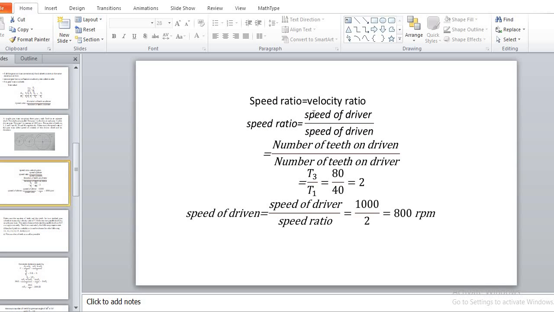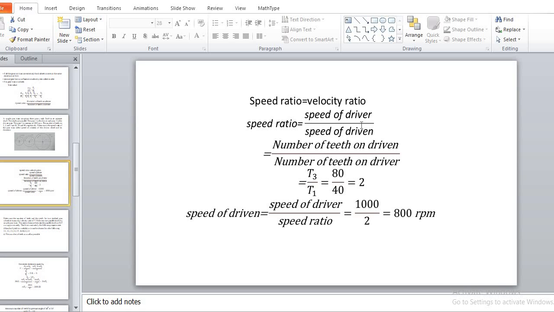So the speed ratio, or velocity ratio, is nothing but the speed of the driver wheel to the speed of the driven wheel. In terms of teeth, it is a reciprocal: number of teeth on the driven divided by number of teeth on the driver.